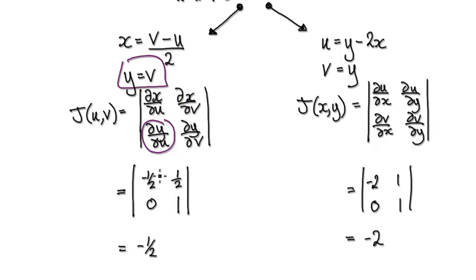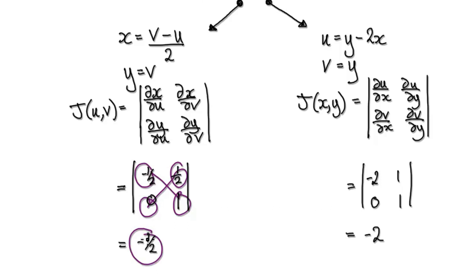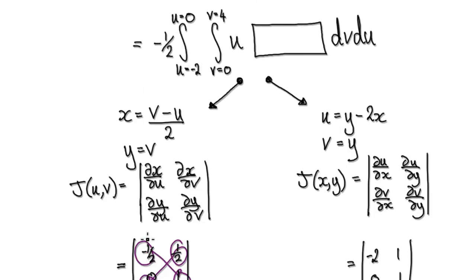Well, there is no u, that's why it's 0. And then differentiate y with respect to v, that would be 1. The determinant of this would be this times this, take away this times this. That would be -1/2. But what goes into your adjustment would be the absolute value, so it will be positive 1/2.